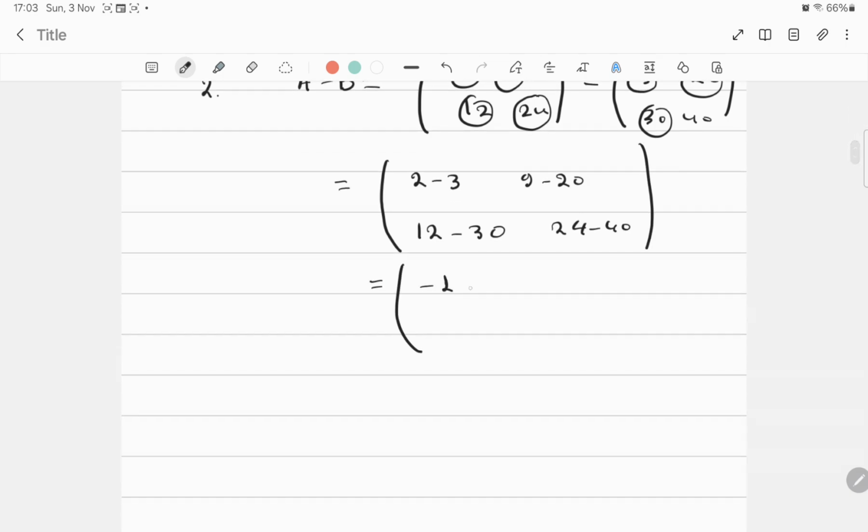That here is minus 1, minus 11, minus 18, and minus 16.